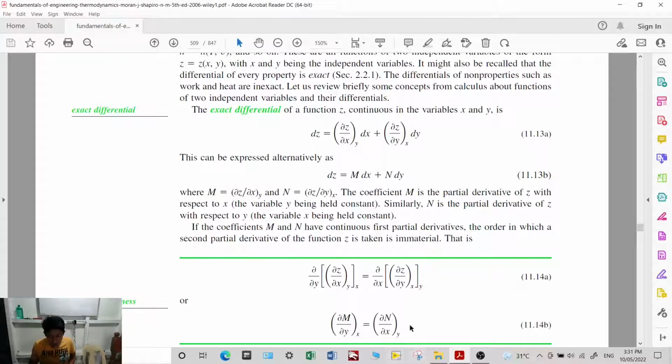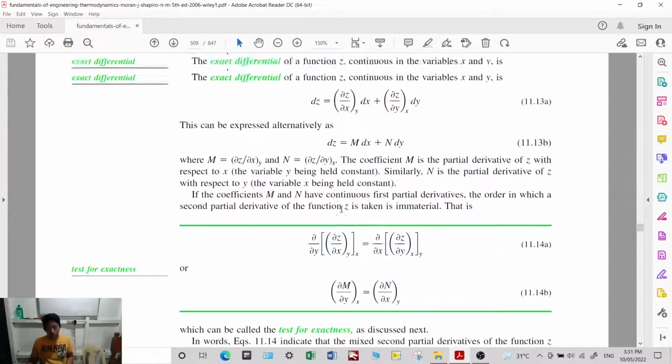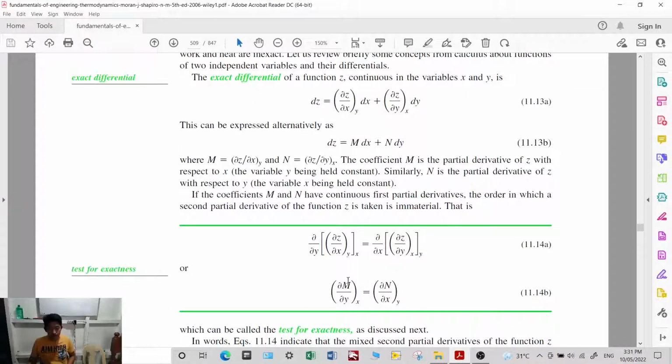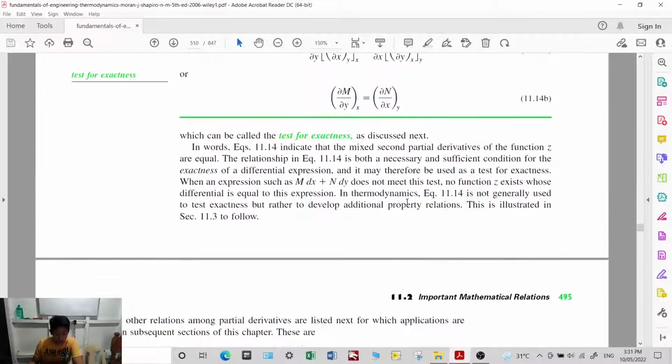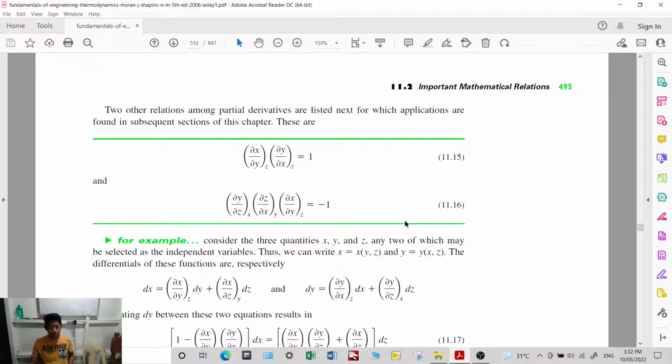They should be equal. Your M is differentiated with respect to y, equal to the N differentiated with respect to x. Test of exactness. And another property is this one: if you multiply this, it is equal to 1, and this other one is equal to negative 1.